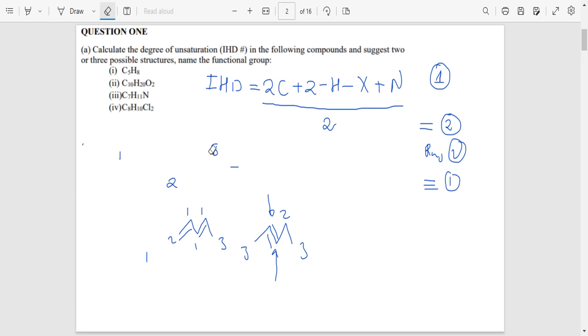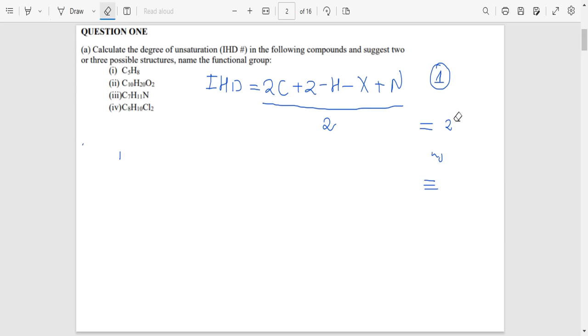Let's look at the second one. The second one, we have C10H20O2. What would be the IHD for this one? Using the same formula, IHD is going to be equal to 2 times the number of carbons, which is 10, minus the number of hydrogens, which is 20. Now oxygen doesn't affect IHD, so we will not include it, divided by 2.